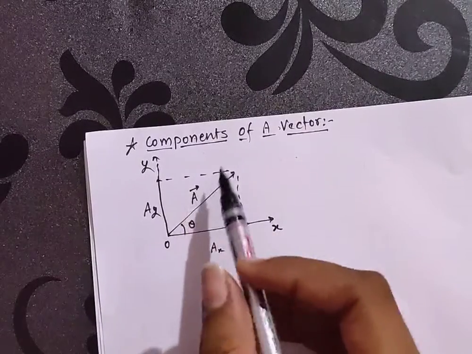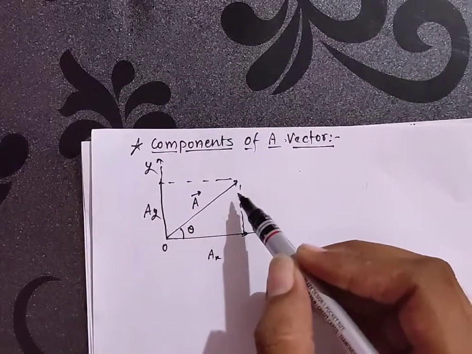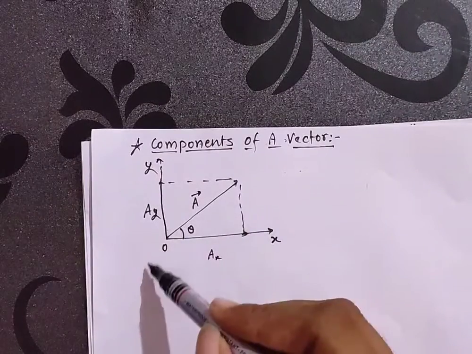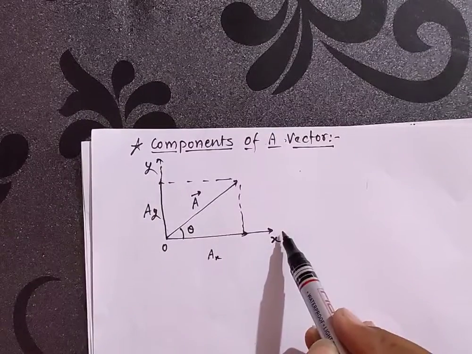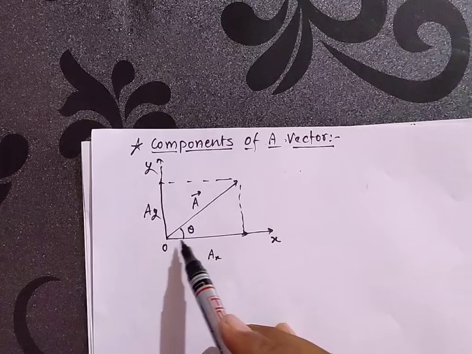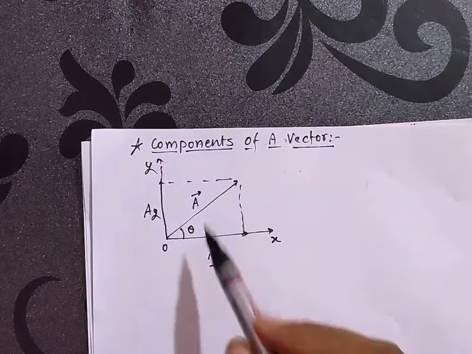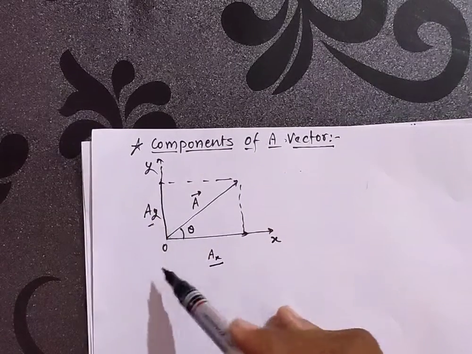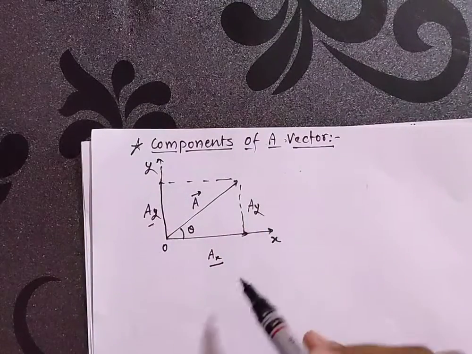So now let's talk about components of a vector. See this diagram. If we have vector A making an angle theta with the x-axis, the component in the x direction of this vector A is written as Ax, and the component in the y direction is written as Ay.